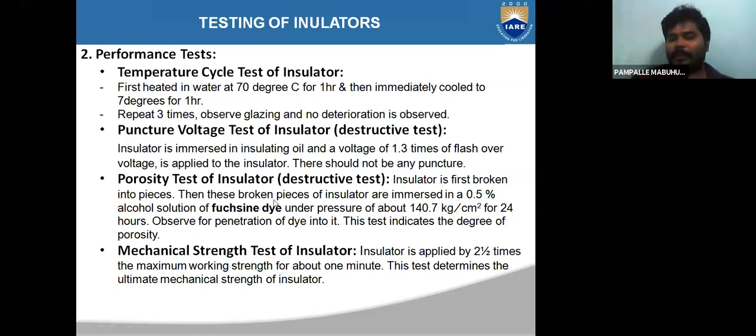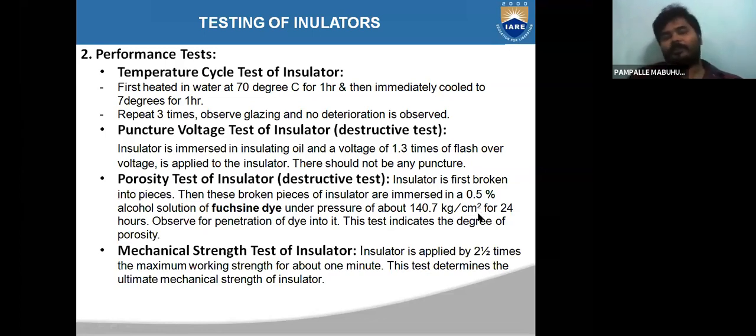After breaking the insulator into pieces, they have to be immersed in a solution having 0.5% alcohol and fusion dye, under a pressure of about 140.7 kilograms per centimeter square.